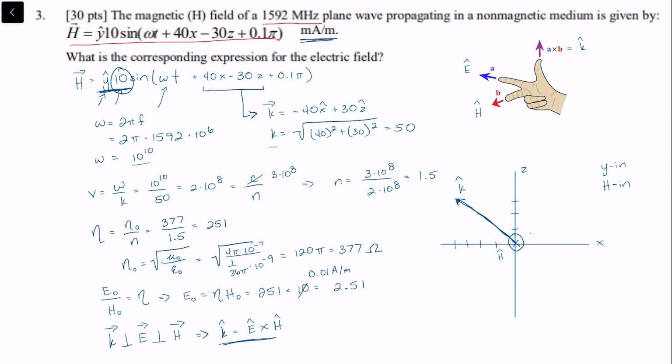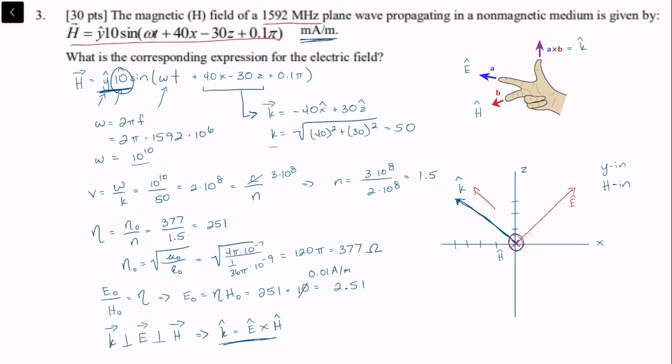So if that's the case, if we point our thumb in the direction of K, and we point our middle finger in the direction of Y, your pointer finger should be pointing in this direction. That is our electric field direction.